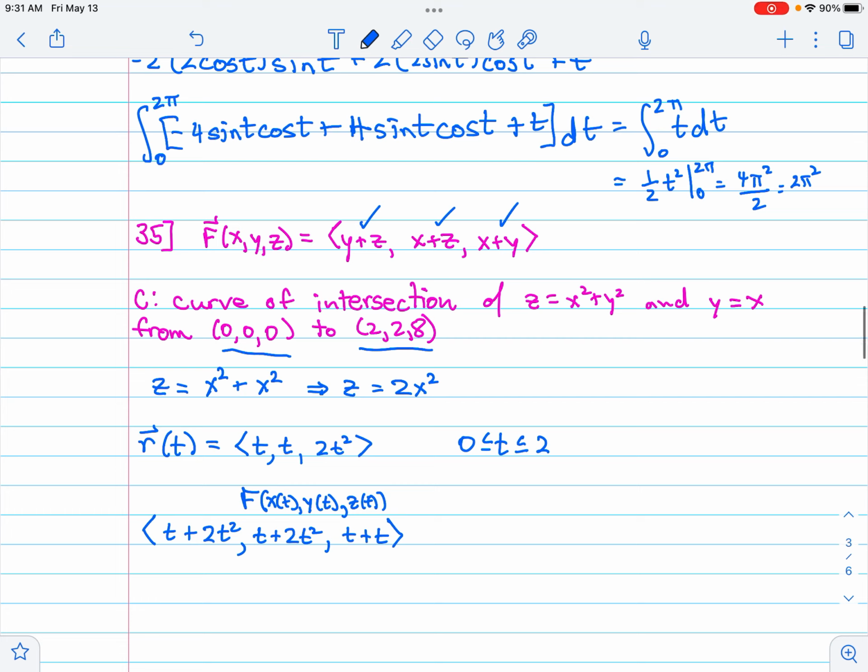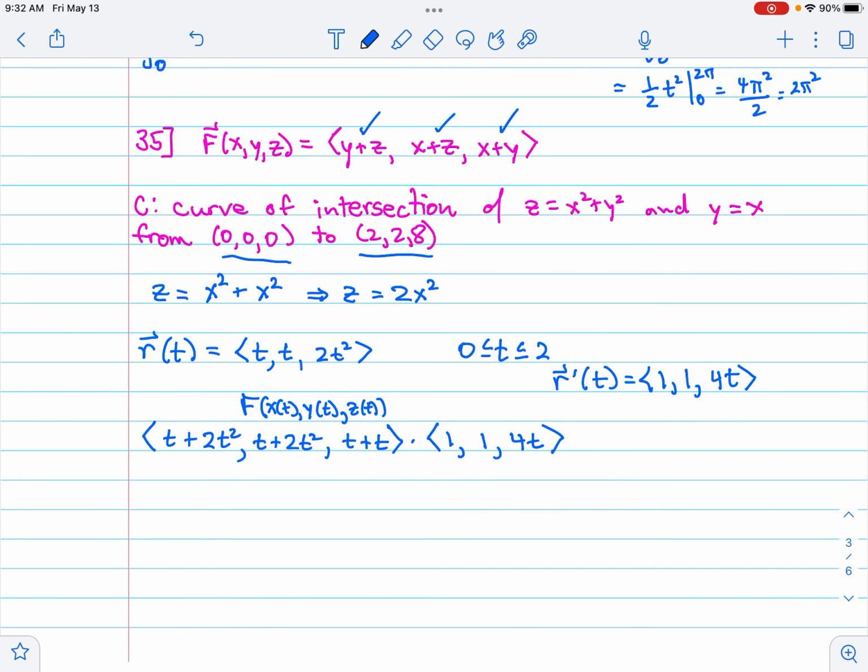Okay, now I'm going to dot this with the derivative. So the derivative is 1, 1, 4t. And this is what we're going to integrate. So let's see here.